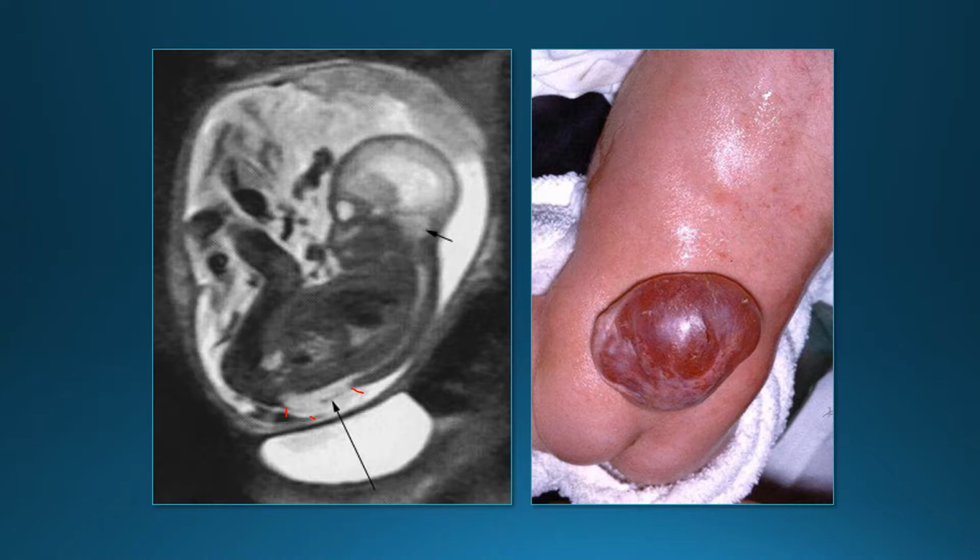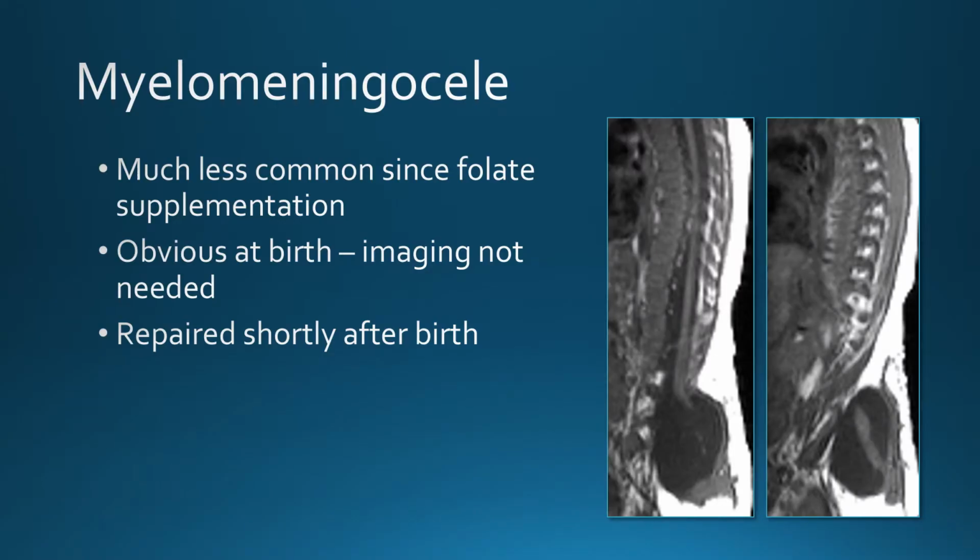You can also see an abnormality of the posterior fossa here. This is the baby shortly after birth, showing this open defect, this myelomeningocele. So we don't see this as frequently since folate supplementation has become routine.